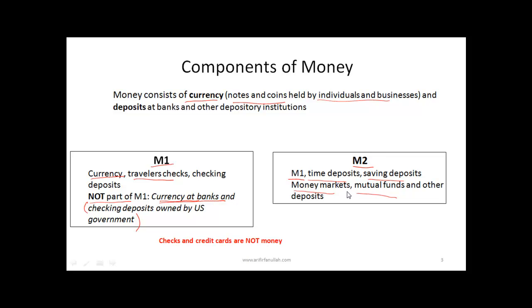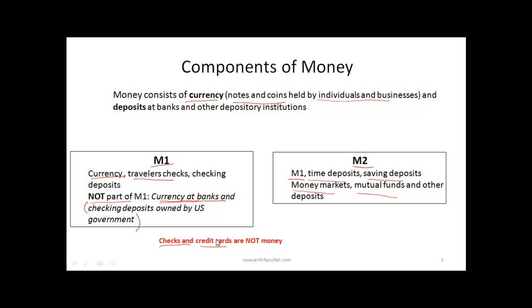So it's not as liquid as immediate cash, but 2 days is still fairly liquid. So M1 plus these slightly less liquid than cash but still fairly liquid investments are all considered M2.